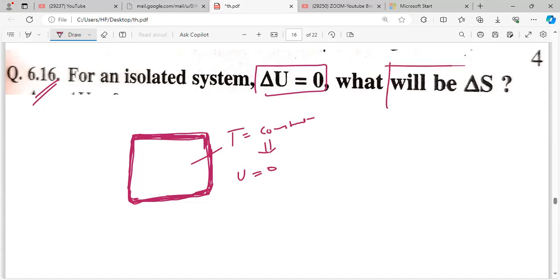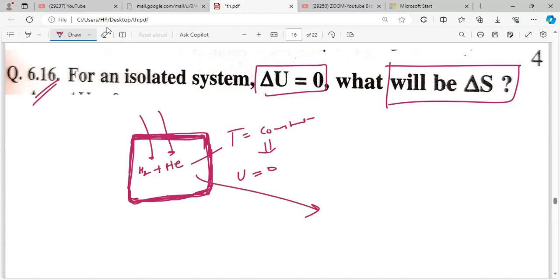Then they are asking what will be delta S? See, whatever the materials are, suppose you added two gases, H2 and helium gas. These two gases are going to be mixing now.